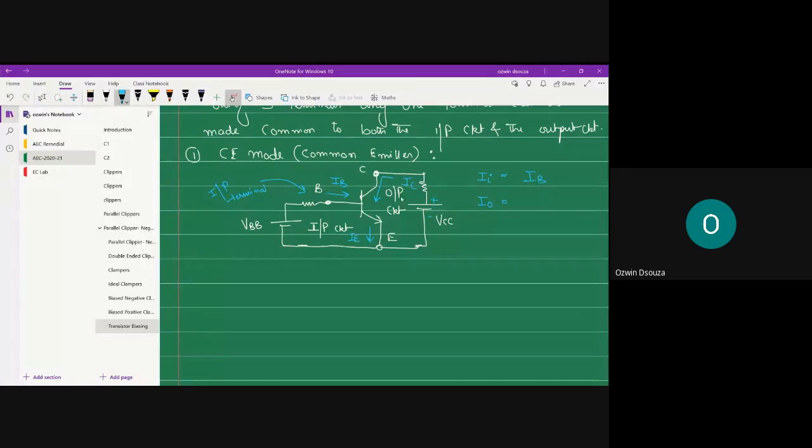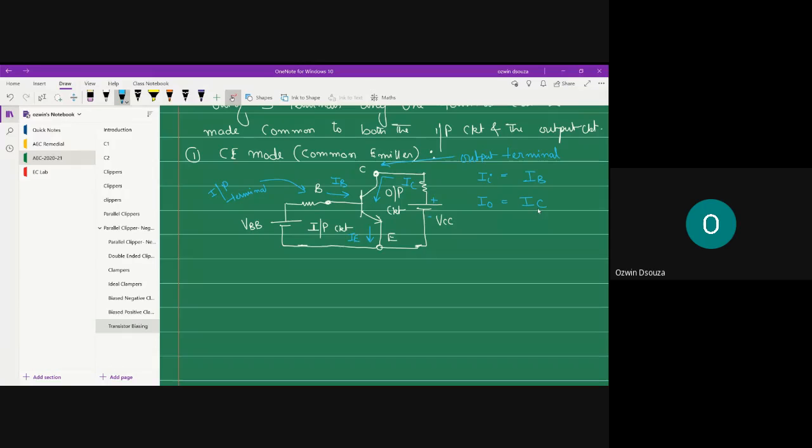On the other hand, the output current should be written on the basis of the output terminal. The output terminal is the collector terminal, and the output current is the collector current.